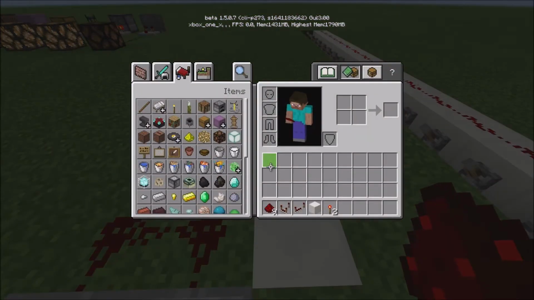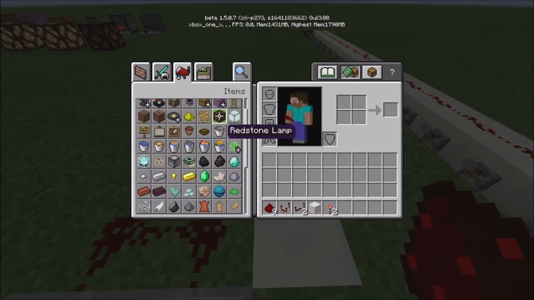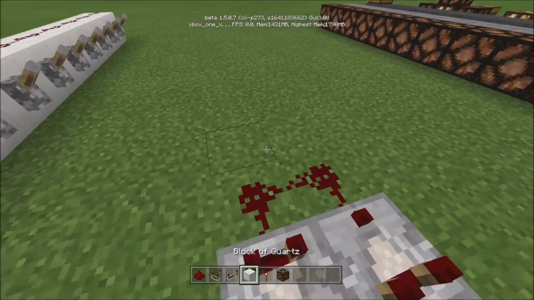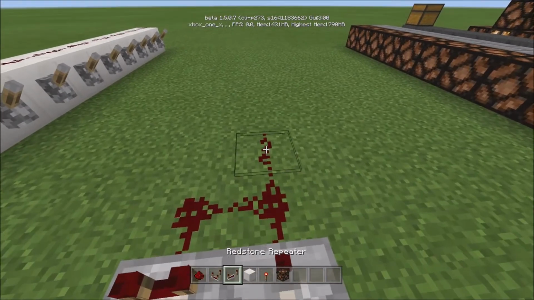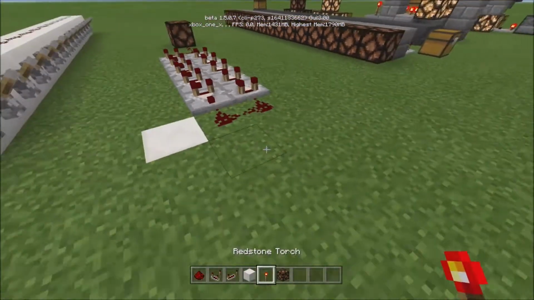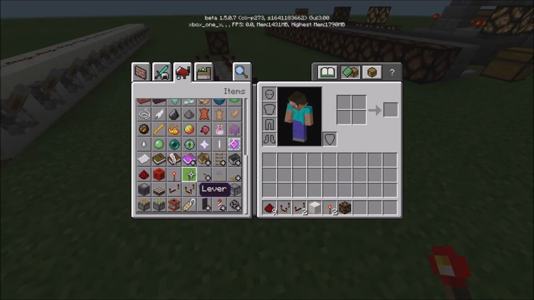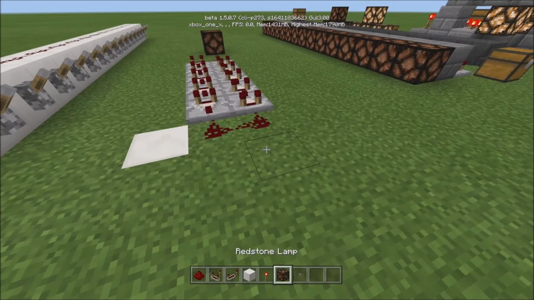Okay, so let me just show you. We'll put a piece of redstone like that. Whoops, with a light there. And we'll just press the button. Let's just get a button really quick. Doesn't matter which button.